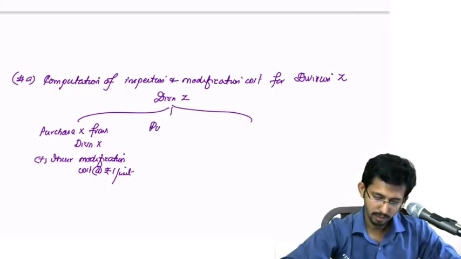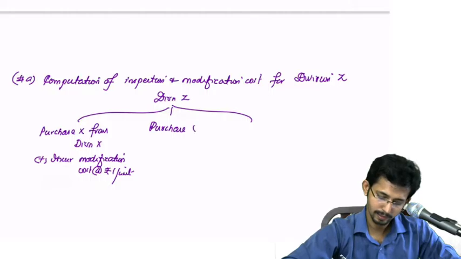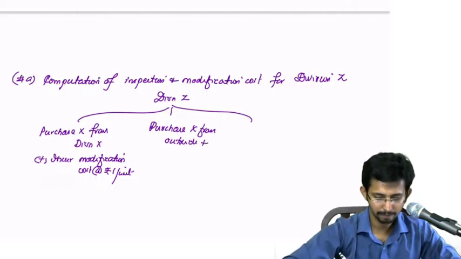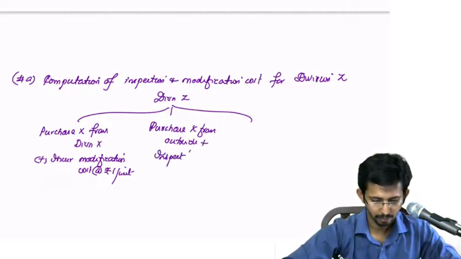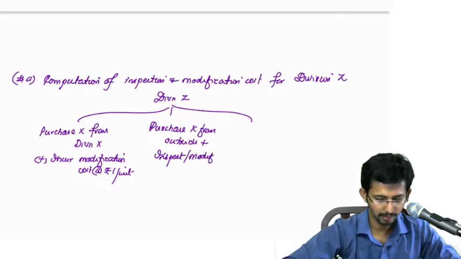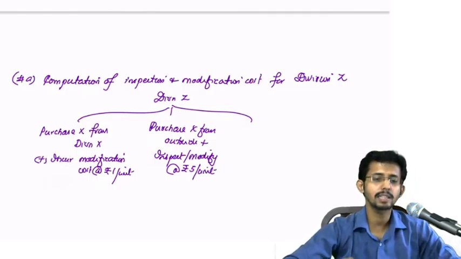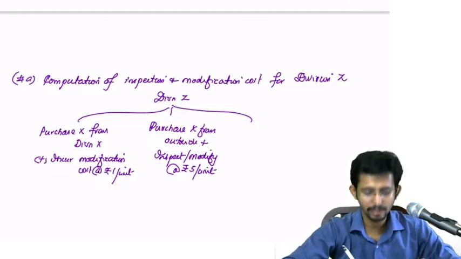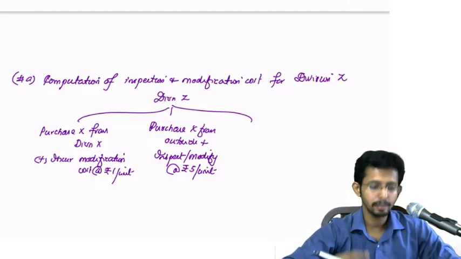Or purchase X from outside plus inspect or modify at rupees 5 per unit. So the inspection and modification have to be done at Z's floor itself, and the cost will be 5 per unit.